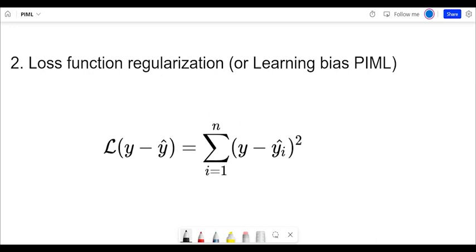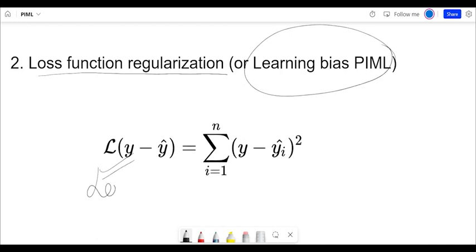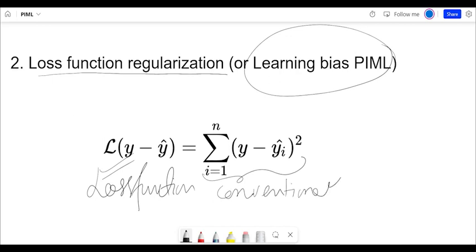The second type of physics-informed machine learning is loss function regularization. In this type, we modify the loss function used during training to include terms that penalize deviations from known physical principles. For example, in structural health monitoring, we aim to detect and predict structural damages in buildings or bridges.